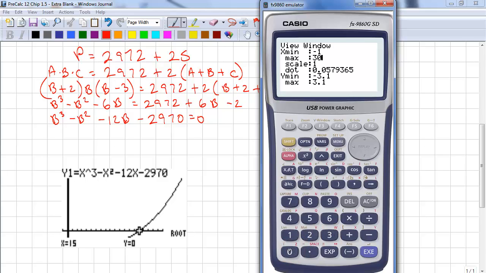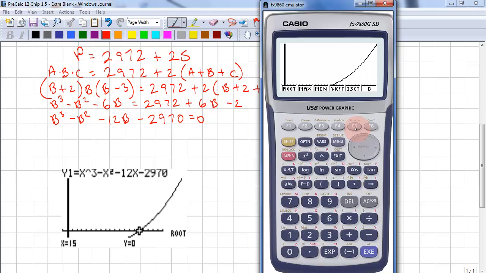If it's not in our window, then we can just expand the window. And it's not showing up in the window, so what we do next is we need to zoom. And we'll use auto zoom. And there's our solution. And the way that we find the exact number is we hit solve and we're looking for roots. And the answer is 15.